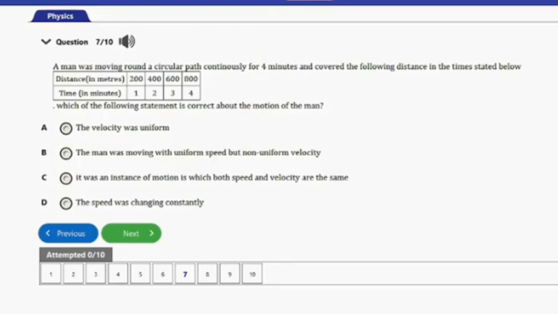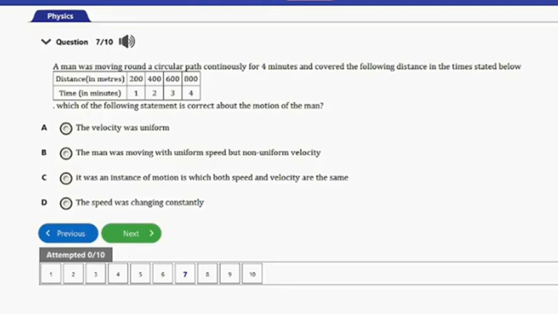So guys, looking at the table here, we'll see that in 1 minute, the man moved 200 meters. In 2 minutes, that's 400 meters. In 3 minutes, 600 meters. And in 4 minutes, 800 meters. So guys, if we check the ratio of all these, we are going to have that 200 over 1 is 200, 400 over 2 is 200, 600 over 3 is 200, 800 over 4 is 200.